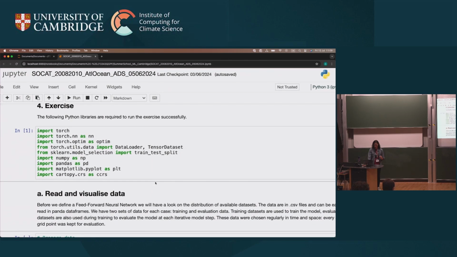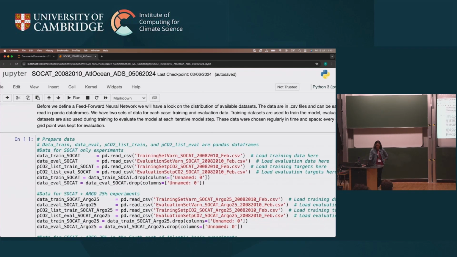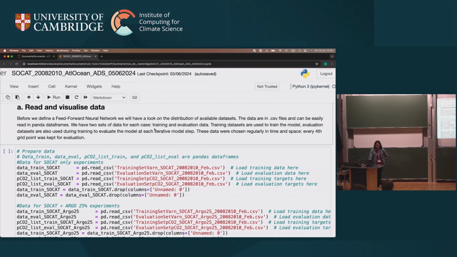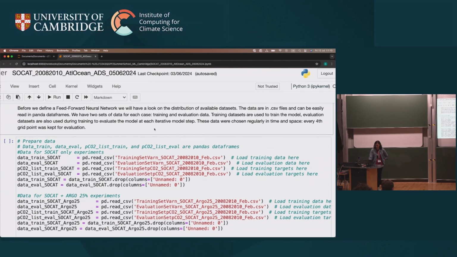I hope everyone succeeded in importing the packages. The first step will be, of course, to read and visualize the data we have before training our feed-forward neural network. The data are in CSV format, and we have two data sets: data for training and data for evaluation. This evaluation data is not for validation; it's used to evaluate the model during the training.